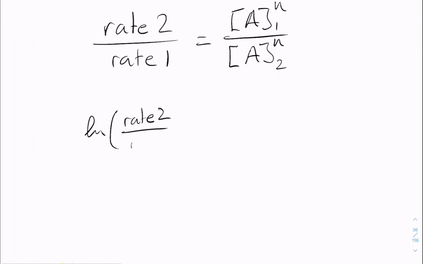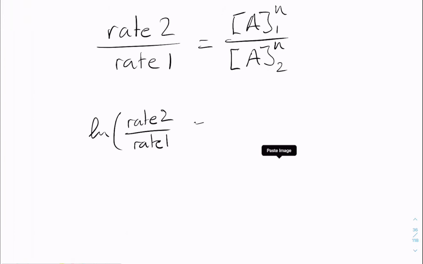Natural log of rate 2 over rate 1 equals natural log of concentration of A2 over A1. I flipped these. A2, A1.